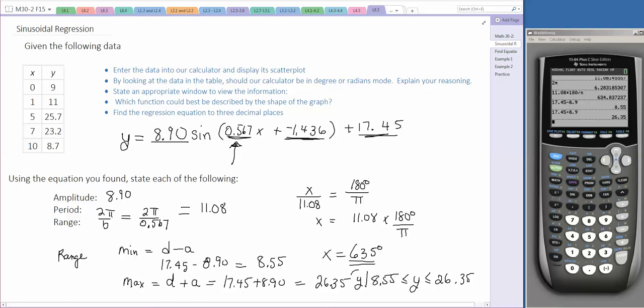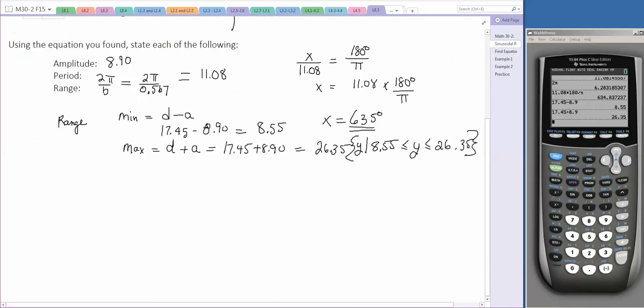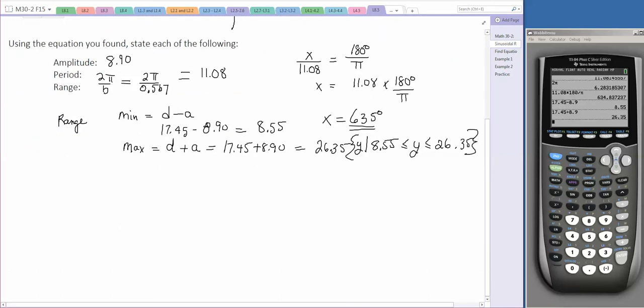And if we use proper notation, I was just squishing it in there, I'll write it over here now. Range is y such that 8.55 is less than or equal to y, which is less than or equal to 26.35, and y comes from the set of real numbers.